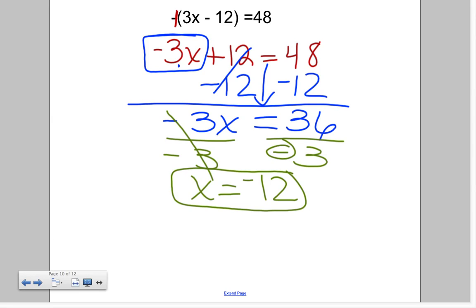Now, in order to check this, ladies and gentlemen, remember that when I put this in, obviously, if you guys look over here, this looks like a big grouping symbol, right? So look inside. We have multiplication and we have subtraction. Which operation are we going to do first? Multiplication. So what is 3 times negative 12?